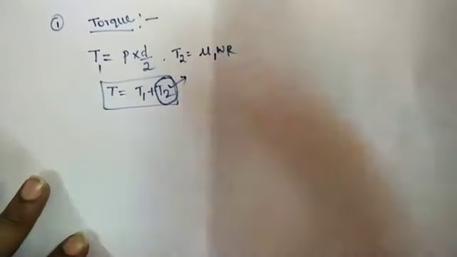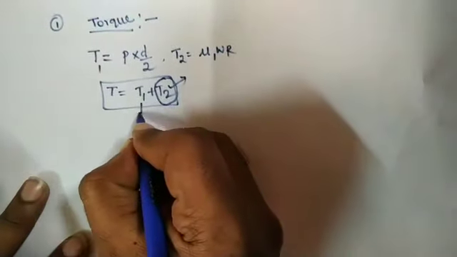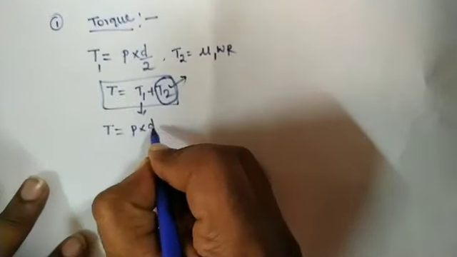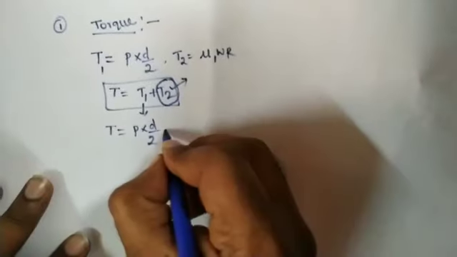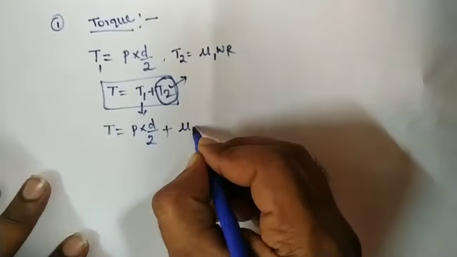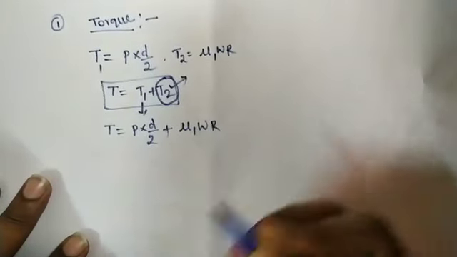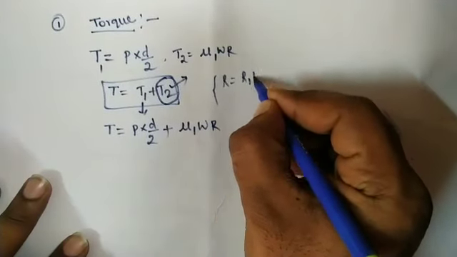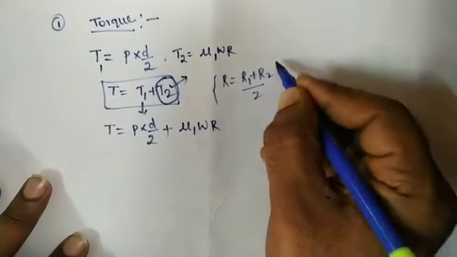Then T1 equal to formula, so T equal to T1, that is P into D by 2, plus T2 equal to mu1 into W into R, where R equal to the mean radius, R1 plus R2 by 2.